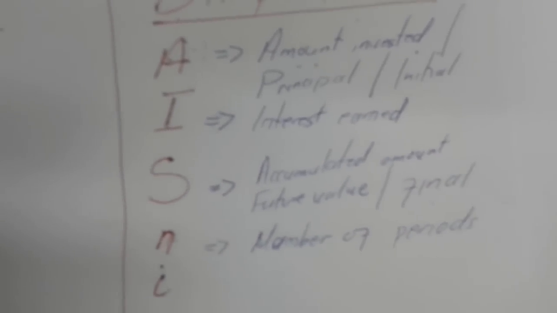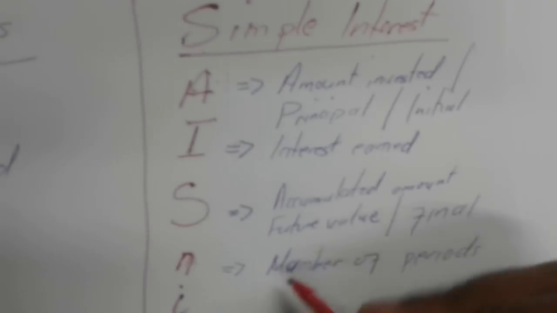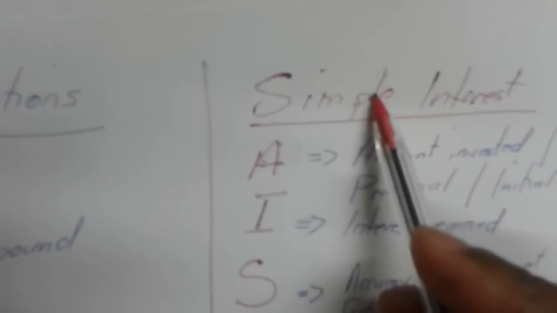So let's just say N, the small n, is the number of periods. But just remember that most questions we are going to be using N as the number of years if we are dealing with simple interest. Remember, N changes depending on which topic you are dealing with. So for simple interest, let's say N is the number of periods.